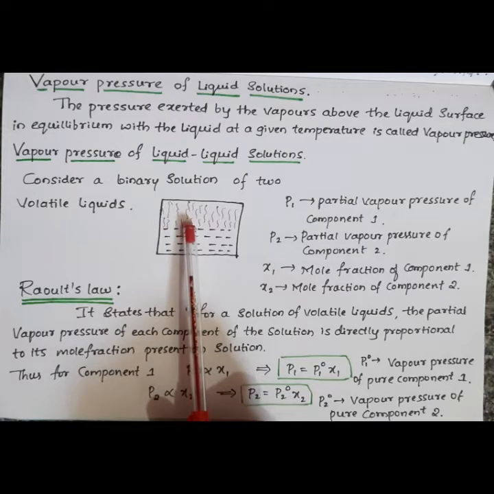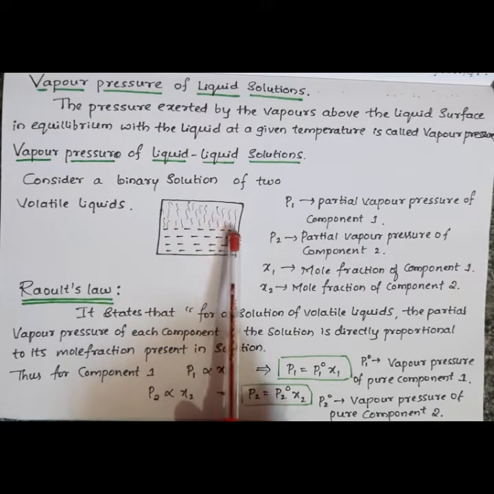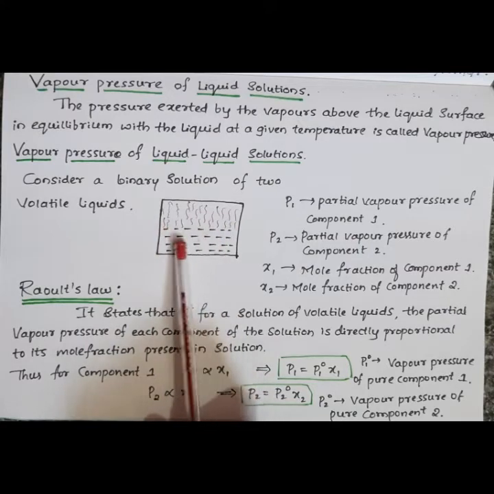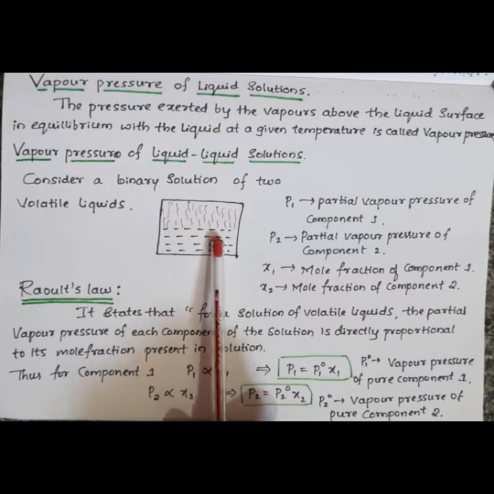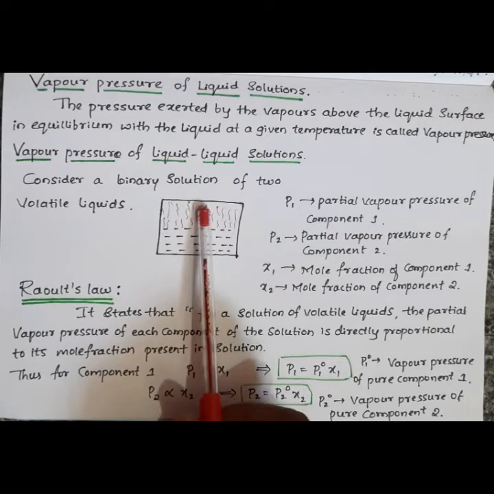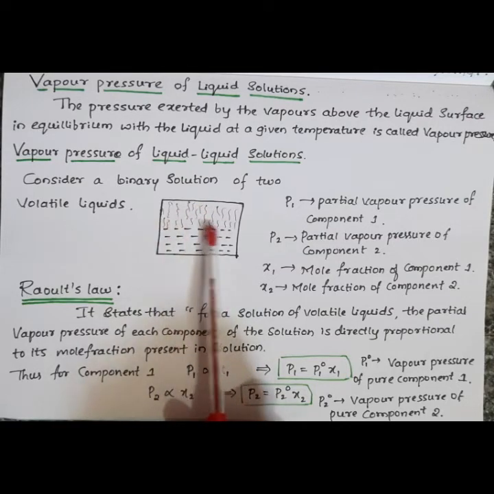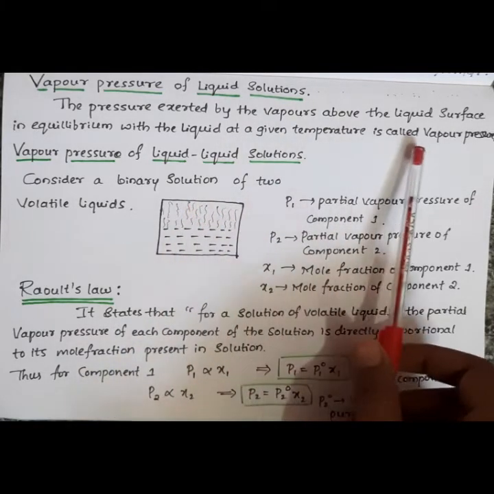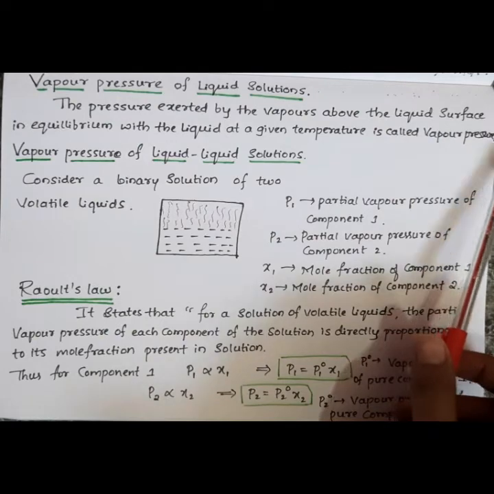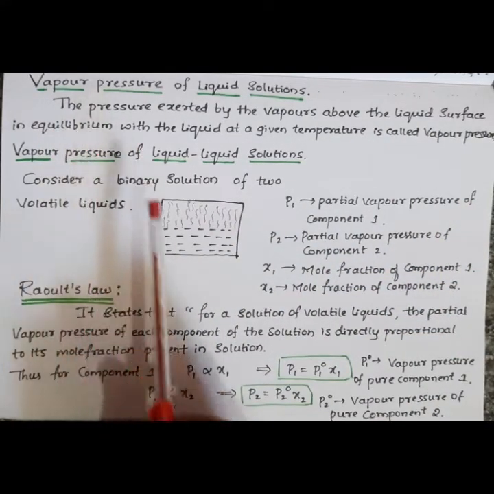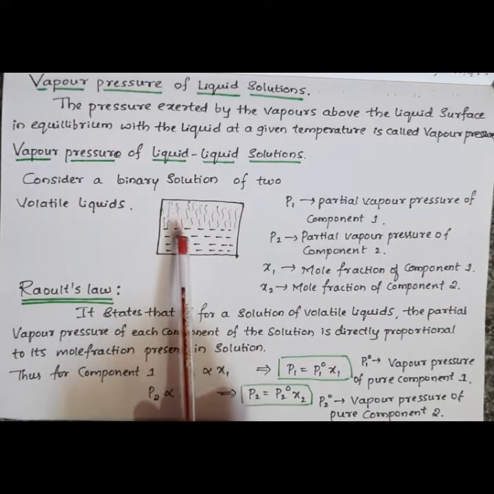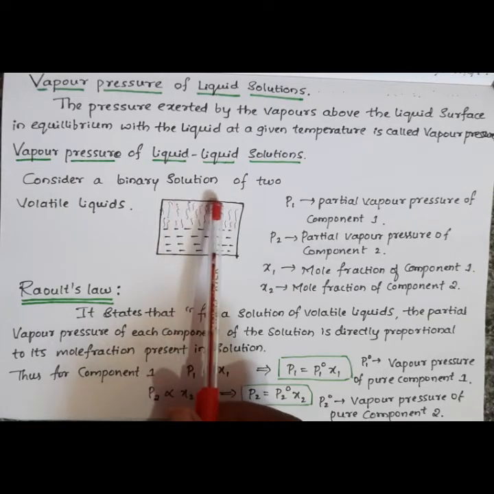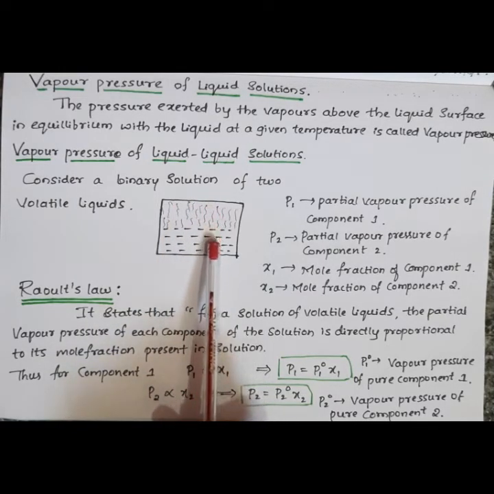As a result, those vapors start to exert pressure on the surface of the liquid, and that pressure exerted by the vapors above the liquid surface in equilibrium with the liquid at a given temperature is called vapor pressure. Here, in equilibrium means during evaporation the rate of evaporation is equal to the rate of condensation.